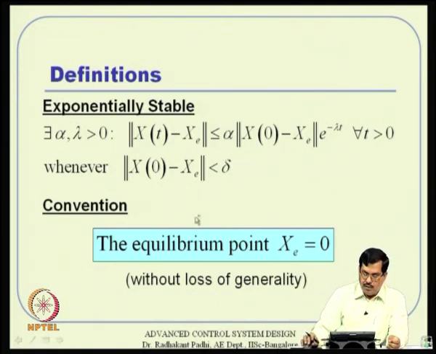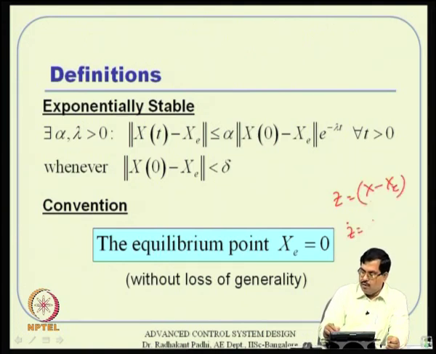Now, for further discussions, without loss of generality we will take the equilibrium to be x equal to 0, and if x e is not equal to 0, then you do a coordinate transformation. That means you define a new variable, something like z equal to x minus x e, and then z dot is x dot minus x e dot, and since it is an equilibrium, that is 0.